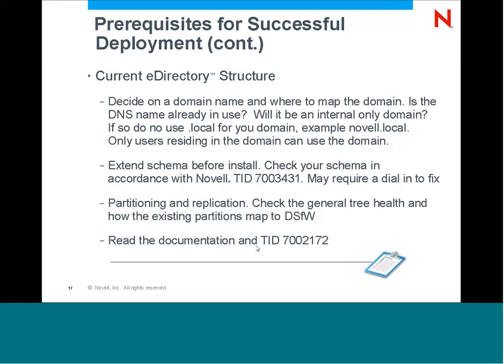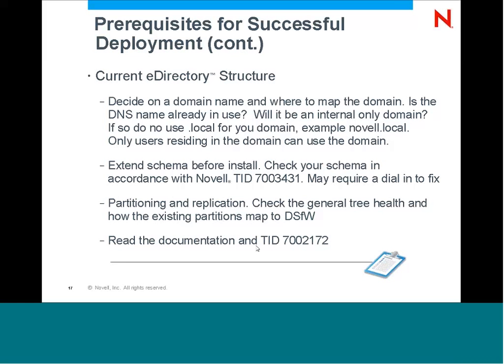Looking at your current eDirectory structure, you want to consider your domain name. What are you going to name your domain? A lot of people don't even think about that. They just get to that page and say, oh gee, what should I name it? Something to consider is don't use a .local. I know Microsoft suggests using a .local if you have an internal domain. The problem is there's an RFC for DNS, and it doesn't do a proper DNS query with a .local.